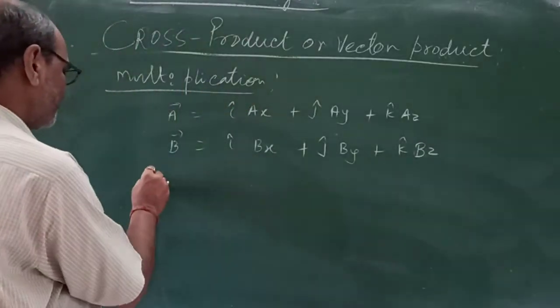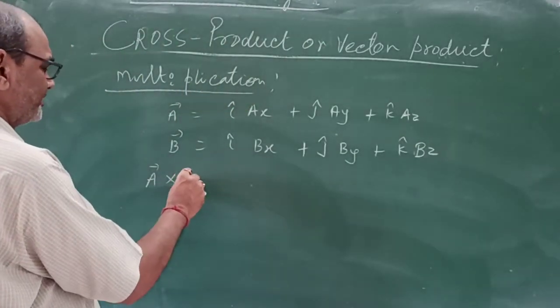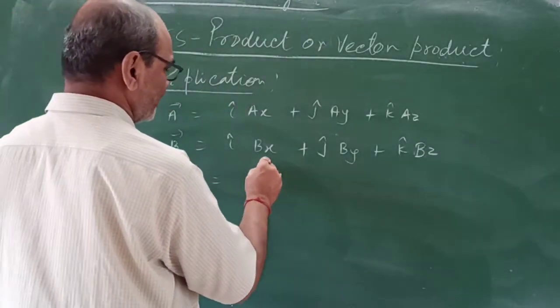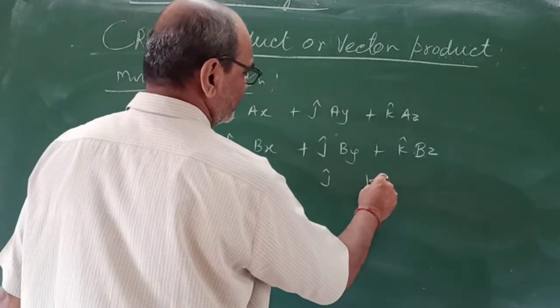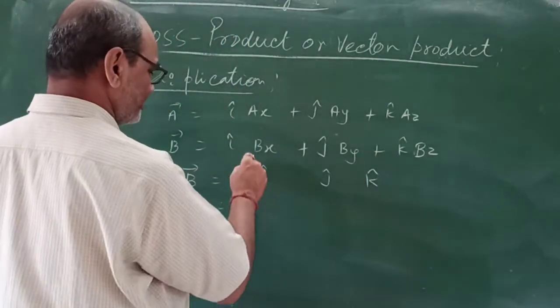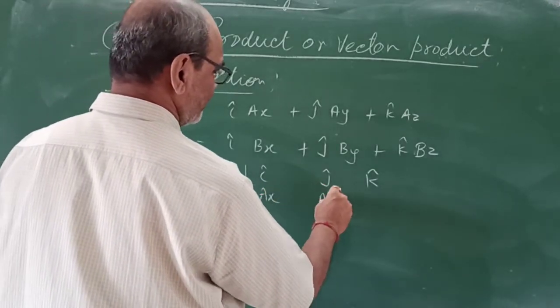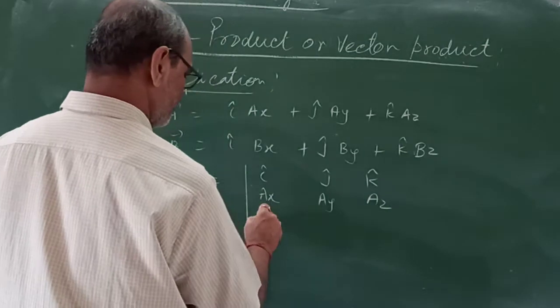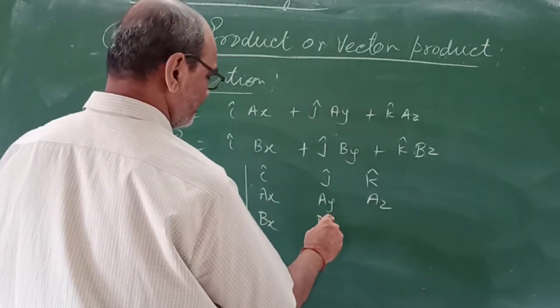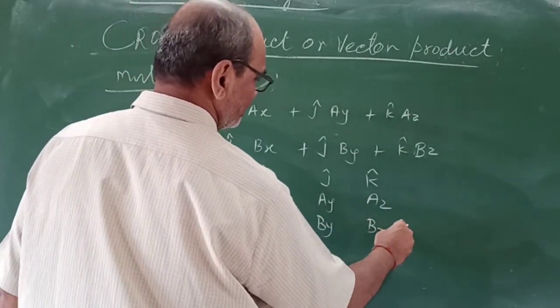Then we multiply by the determinant: i, j, k; ax, ay, az; bx, by, bz.